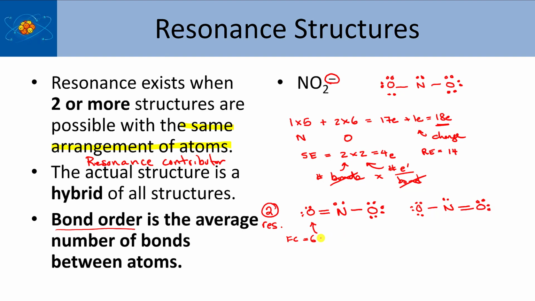It's 6 valence electrons minus 2 for the bonds minus 4, so that's equal to 0. The nitrogen: 5 valence electrons minus 3, that's 6 electrons, 1, 2, 3, 4, 5, 6, but it's divided by 2, so it's 3, minus 2 for the lone pairs, and that's also 0.